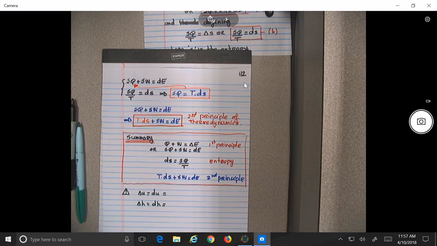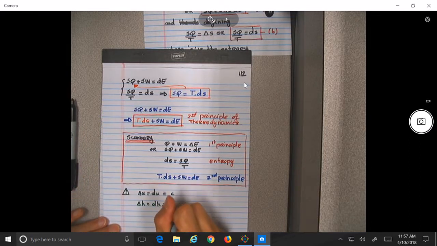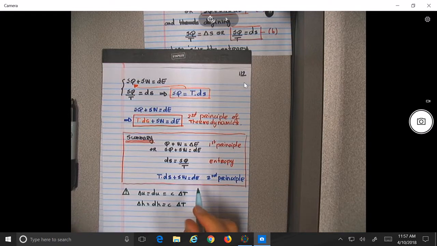That would be equal to what? If we use... remember this one or no? What's the difference between those two?